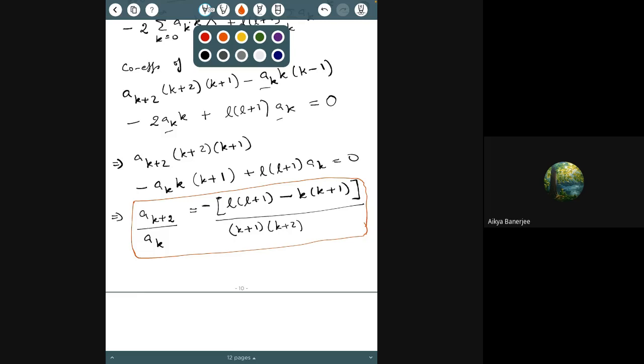So if you have a0, then from a0 you can get a2, a4, a6, etc. And this will give you a polynomial solution. Then if you have a1 and you get a3, a5, you can obtain the values and you get another polynomial solution involving the odd powers of x. And in general, the solution is a linear combination of both.